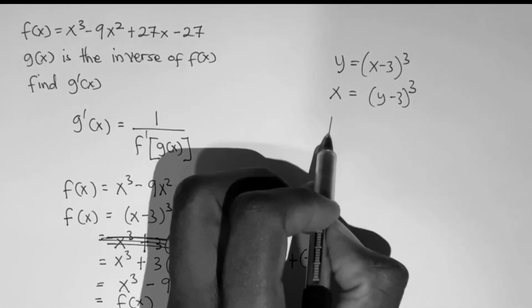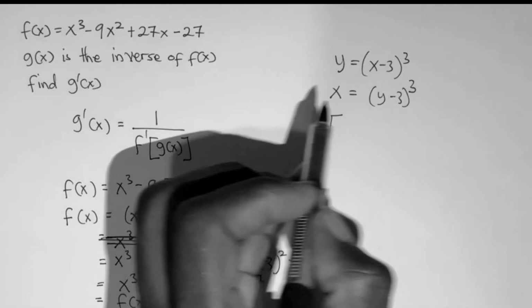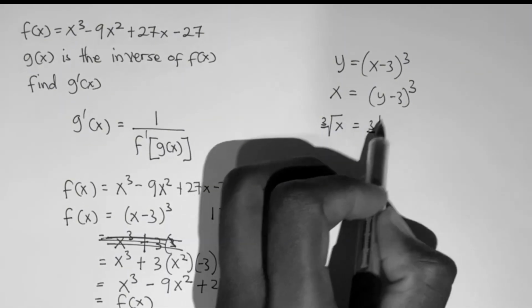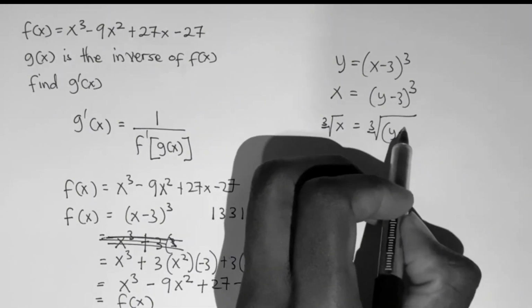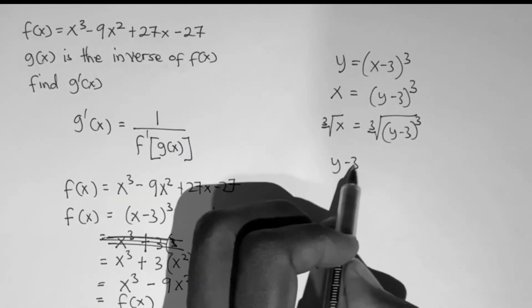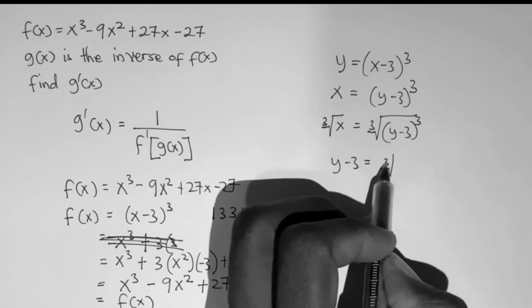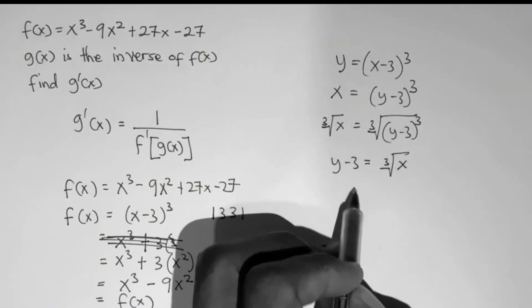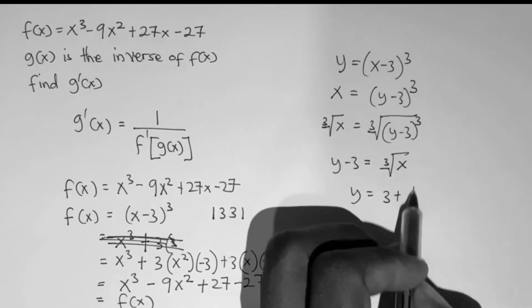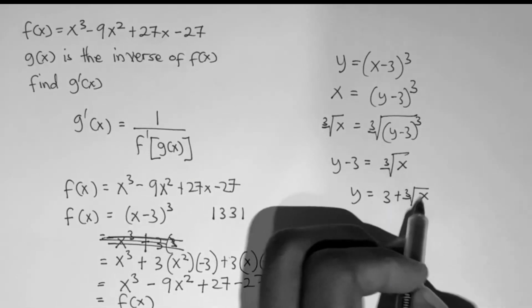So we find the cube root of both sides. So the cube root of x is equal to the cube root of, in brackets, y minus 3 cubed. So y minus 3 is equal to the cube root of x, and therefore y is equal to 3 plus the cube root of x.